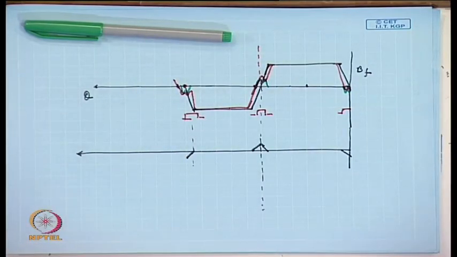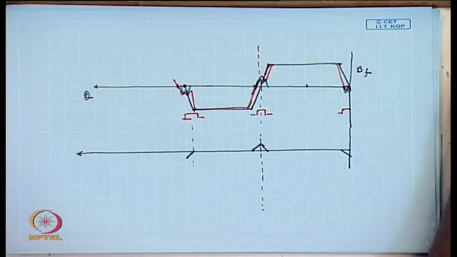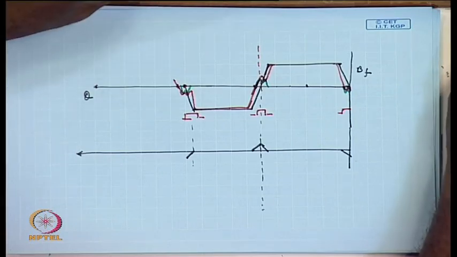This will give rise to some problem in commutation, which we will discuss in more detail in the next class, and we will see how to use interpoles to cancel this remaining ampere turns at the interpolar axis.